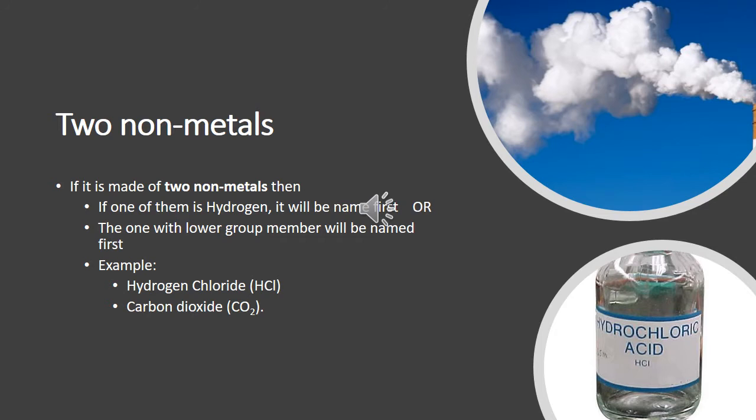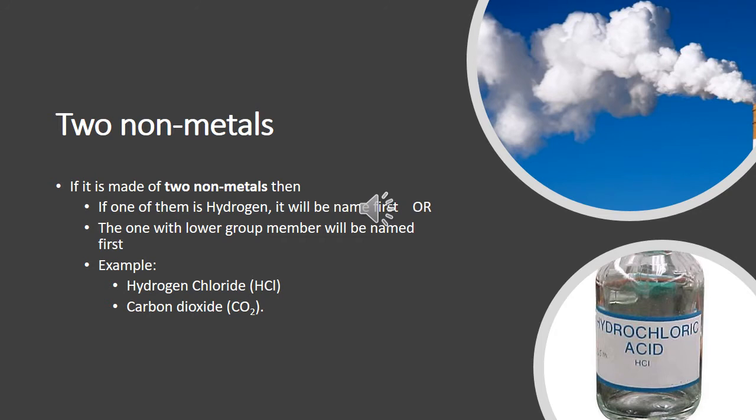And if hydrogen is not present, and two other non-metals are present, then the one with the lower group number will be named first. For example, here hydrogen chloride is given. So HCl, that is hydrogen and chlorine.